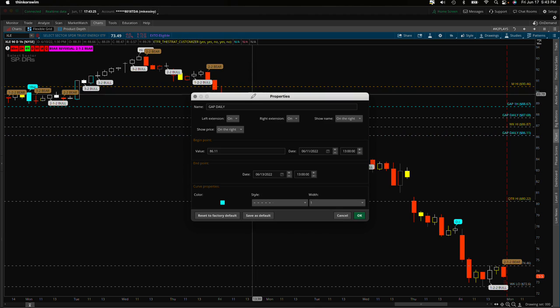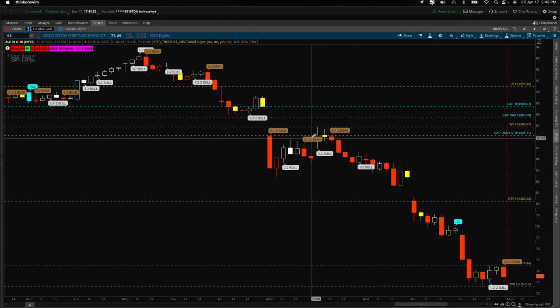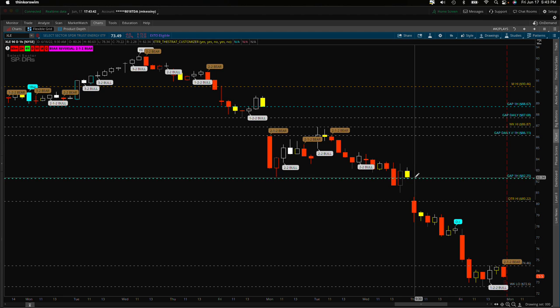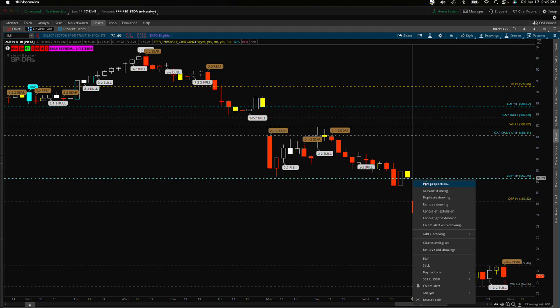And then we'll edit this and say 1H. Okay. All right, so now where's the next gap? A gap here. So let's just duplicate this and we'll bring it down to here and duplicate again.